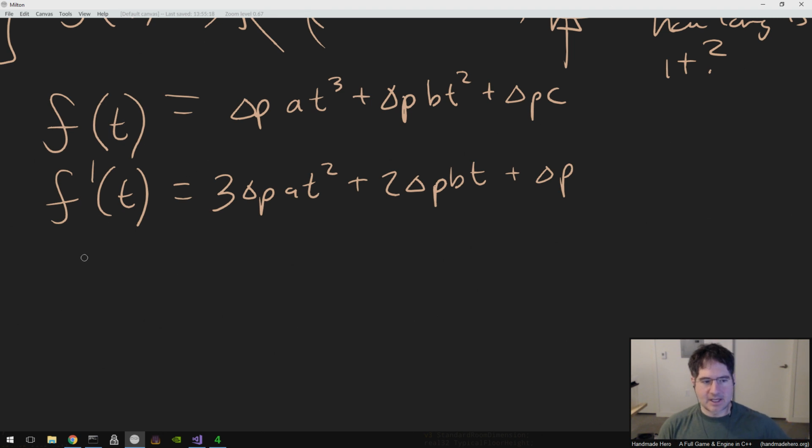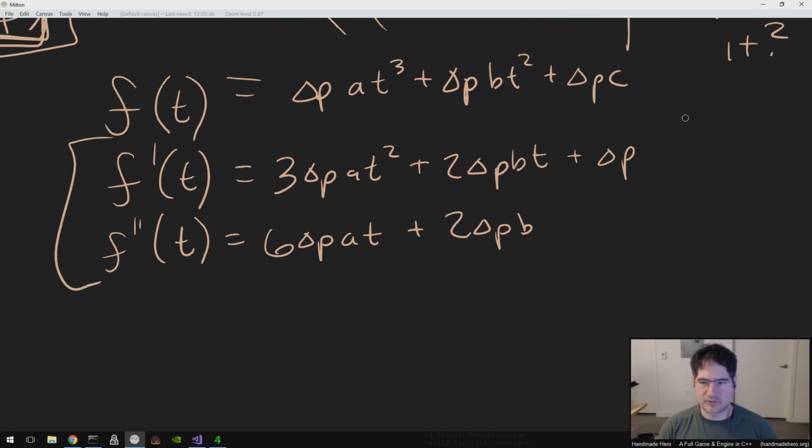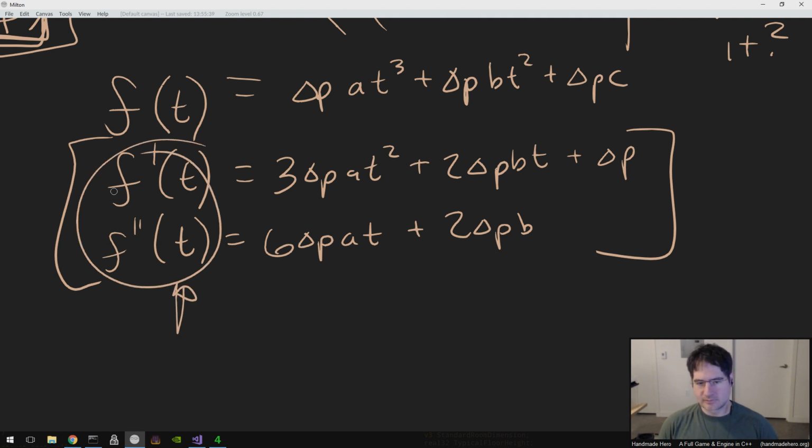Okay. So if we store both of these values, we would have two equations in two unknowns, and we could get back our t value, right? We could get back whatever the t value was supposed to be, and whatever our delta p value was.